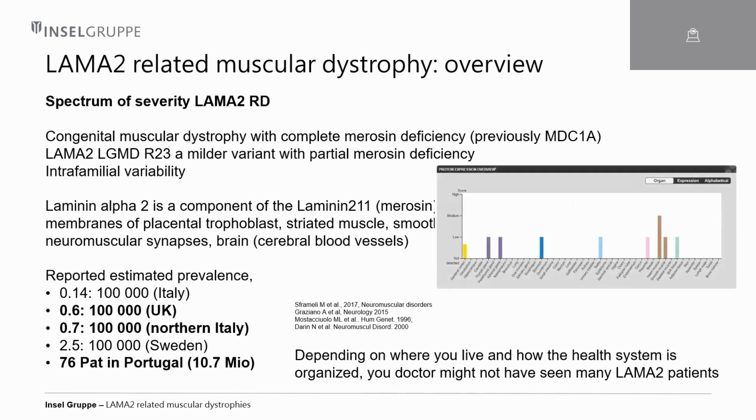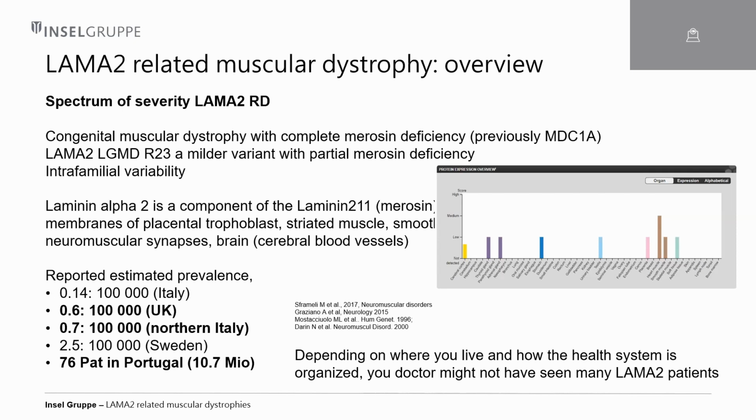Laminin alpha 2 is expressed in many different tissues, and this explains why we don't only have a muscle problem but also other things. And what has also been mentioned before, is that we don't actually know how frequent LAMA2 is, and I think this knowledge will help us to get further if we get more information on that.